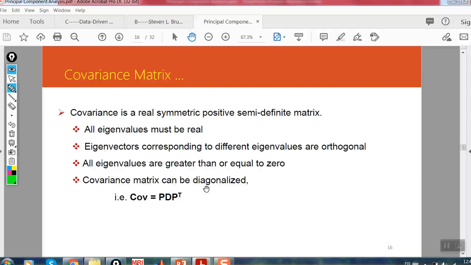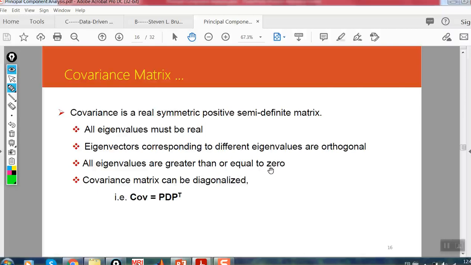What is a positive semi-definite matrix? In the previous session we explained eigenvalues and eigenvectors, and we explained how we can calculate them. Then for the covariance matrix, the eigenvalues are real, the eigenvectors are orthogonal, and the eigenvalues are greater than or equal to 0.